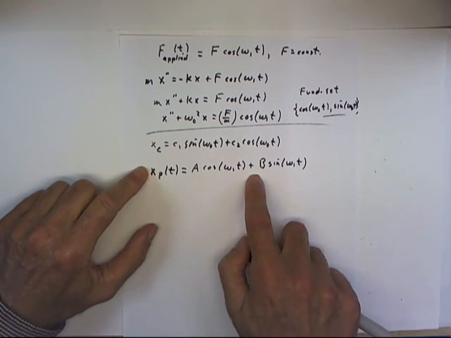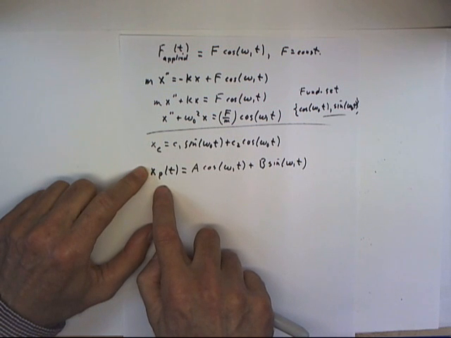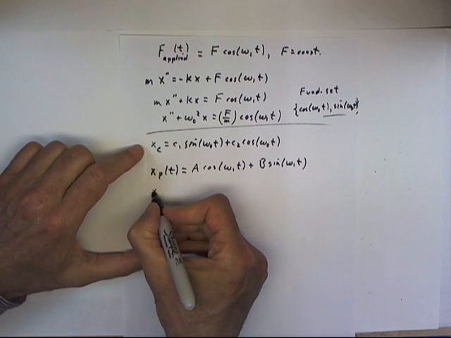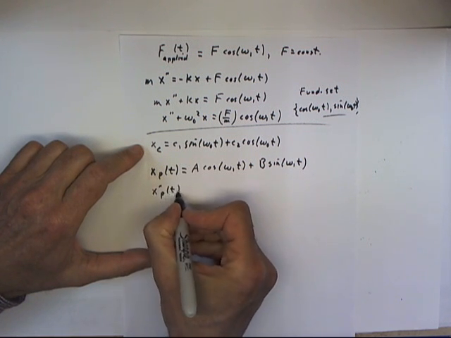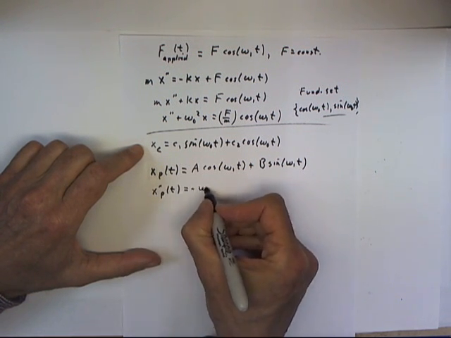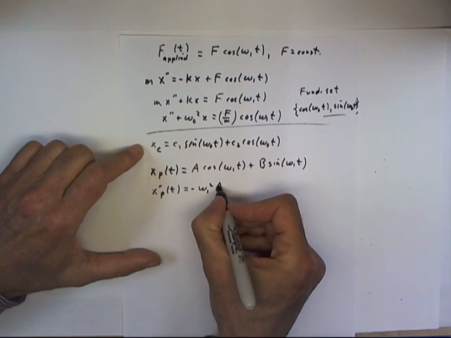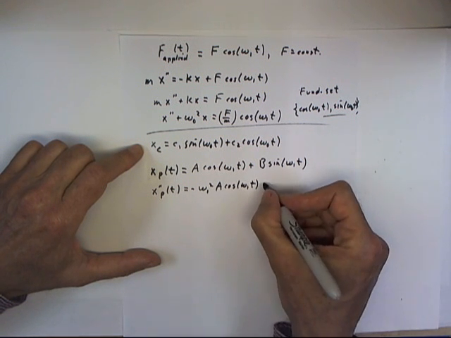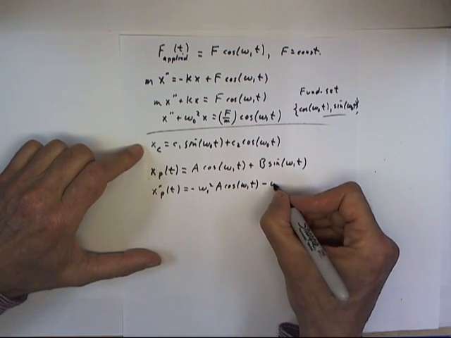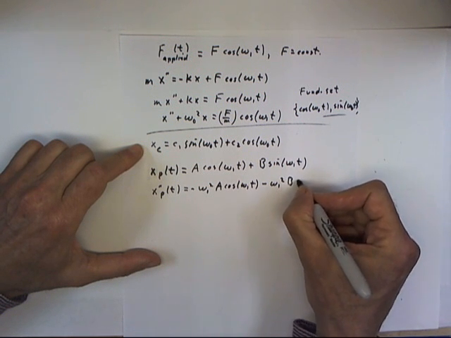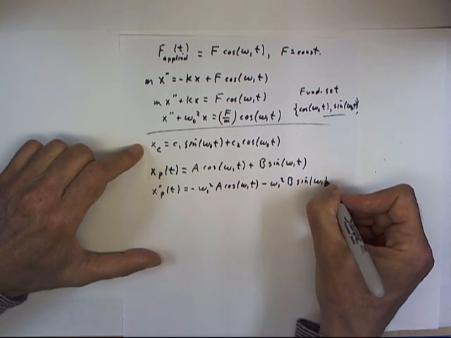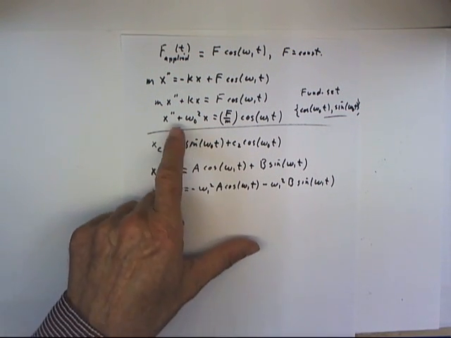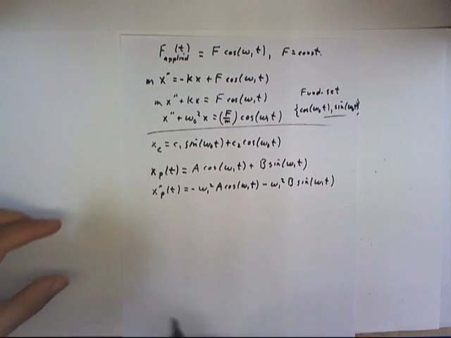Now, in order to plug this solution into the equation, I've got to find my x double prime, which is going to be very easy to do. I'm simply going to write it down. We've already done a number of solutions of similar equations. So there's our x double prime. Now when we plug this back into our equation, it's going to become what?